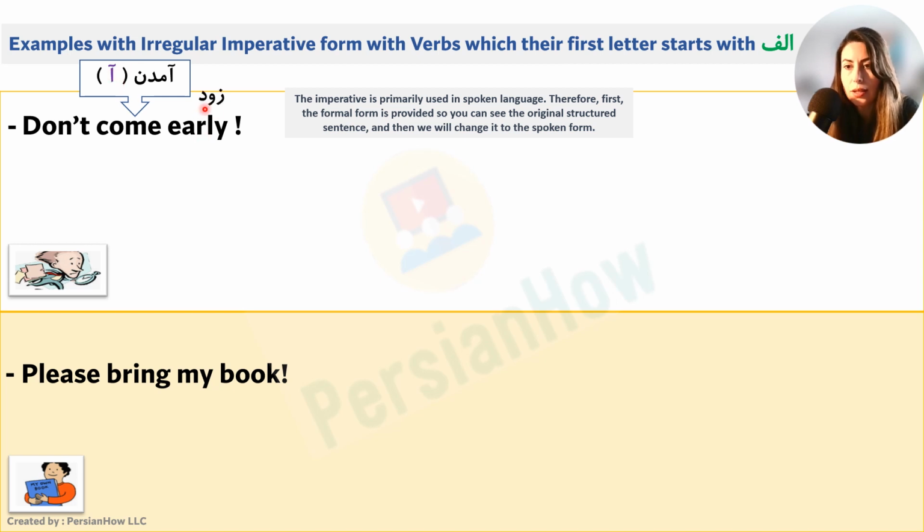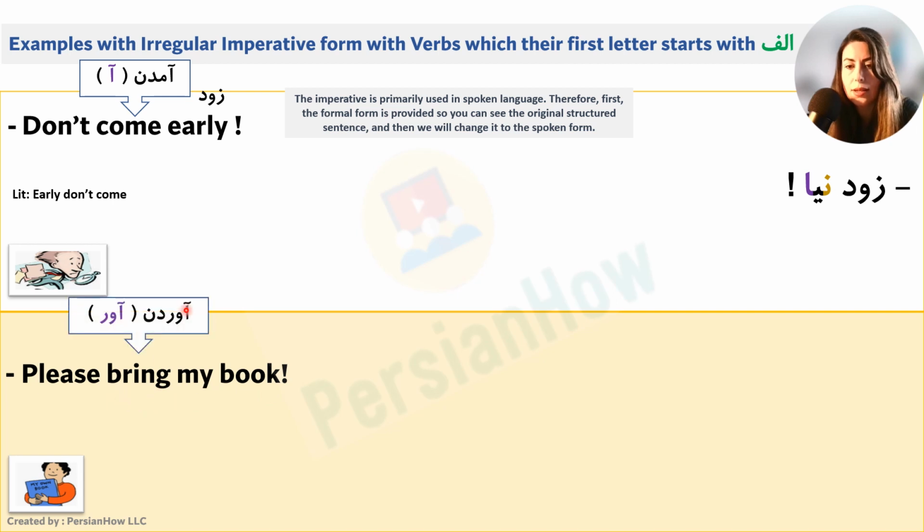And then early is zud. So literally we need to say something like early, don't come. Zud, naya. So the nun here is for negative, for don't, and then we add ye before aleph for pronunciation. Zud naya.